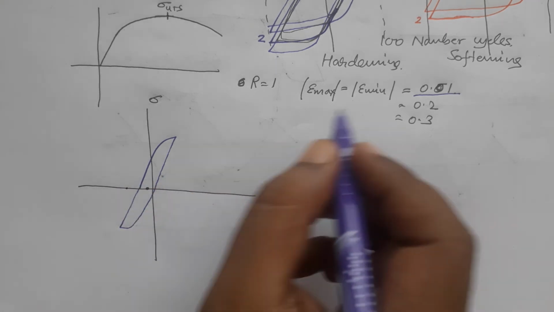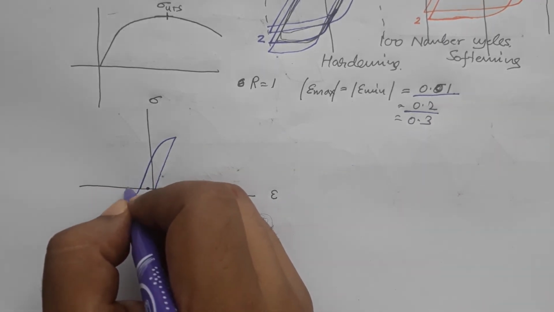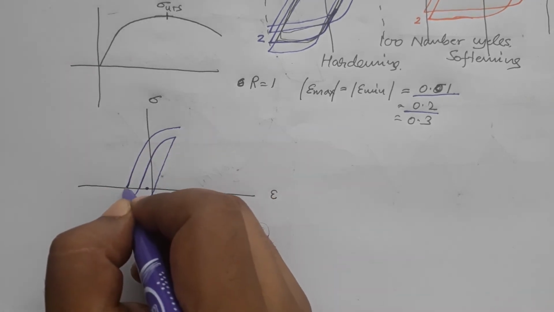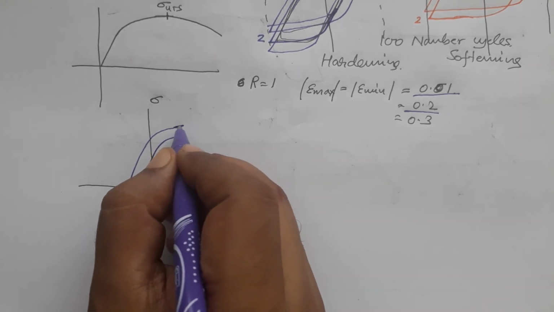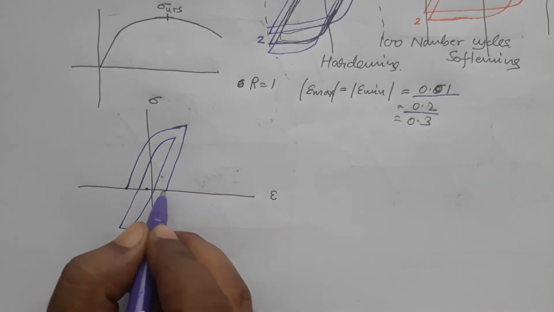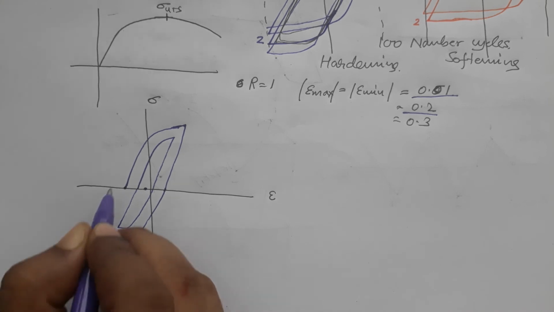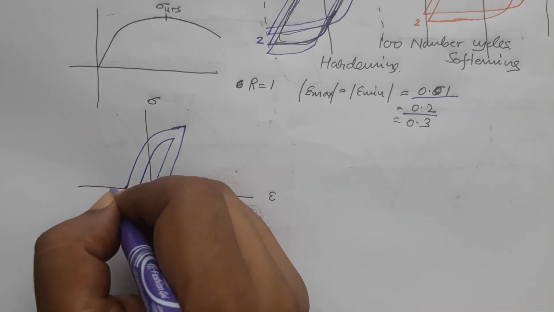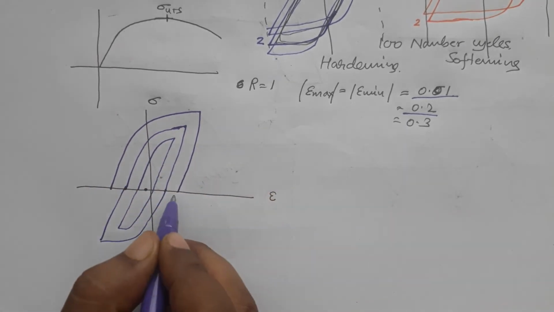Then I take another loop for 0.2 of strain value. So of course that will be bigger than this, because I'm going higher in strain, and now I'm plotting something for cyclically hardening material. So of course the stress will be higher. So this is my second loop. Then I do the same thing for the third value of strain, and I plot it.